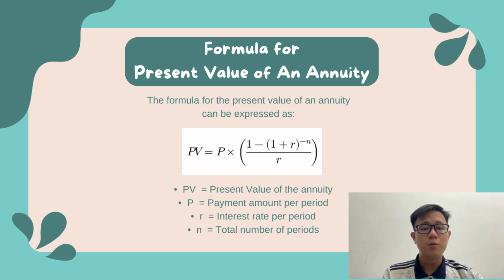So, the formula for the present value of an annuity can be expressed as PV, as in present value, equals P, as in payment amount per period, multiplied by 1 minus (1 plus R) to the power of negative n. R here represents the interest rate per period, and n represents the total number of periods. We will divide it again by R, as in interest rate per period.